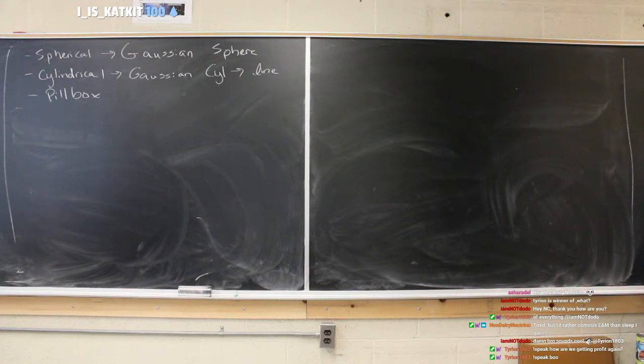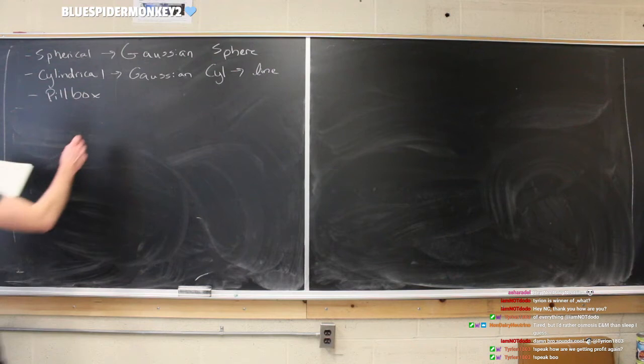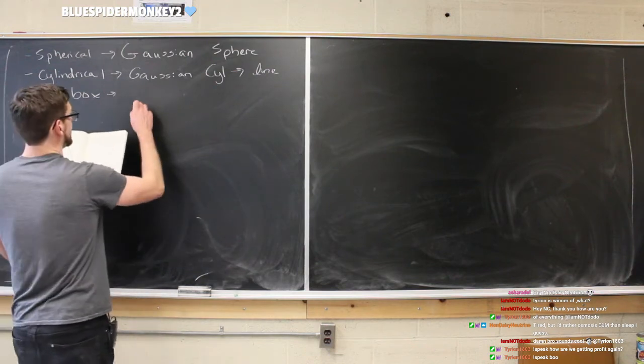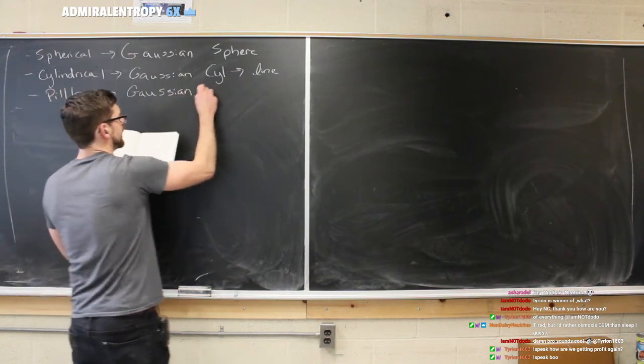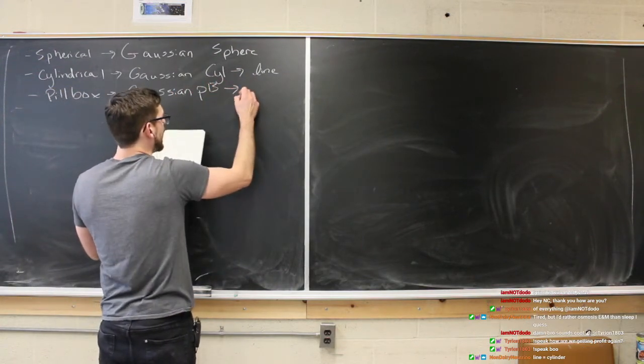Basically, what we're trying to do is come up with an idea for where this comes into play. What type of object is going to require this type of symmetry? A Gaussian cylinder would be good for a cylinder, obviously, but it'd also be good for a line, because you can wrap it around. And then more specifically, something magical happens, which we'll talk about with our next example. But we do also have a Gaussian pillbox, which is for planes.